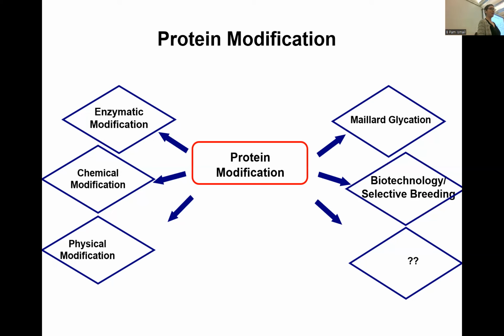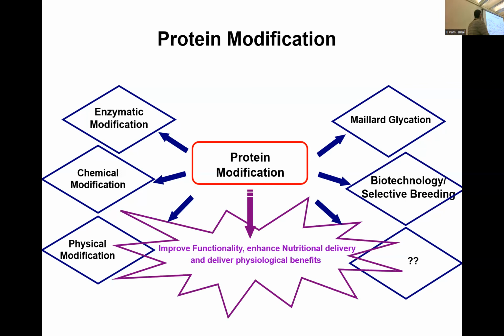I'm not being biased to my own categorization, but chemical modification is when you use a chemical to induce a modification. In the Maillard reaction, you don't use any chemical. Protein, reducing sugar, heat, natural reaction. It is a chemical reaction, it's natural.